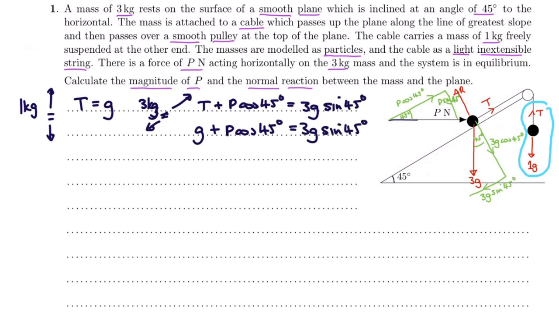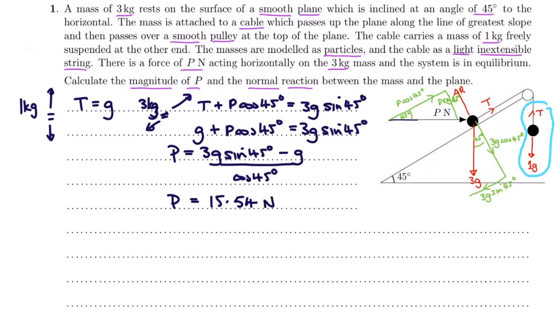We only have one unknown in that, so I'm going to rearrange it to get P on its own. Therefore P will equal 3G sine 45 minus G, divided by cos 45. If you pop that in your calculator, you'll find that P is 15.54 newtons.